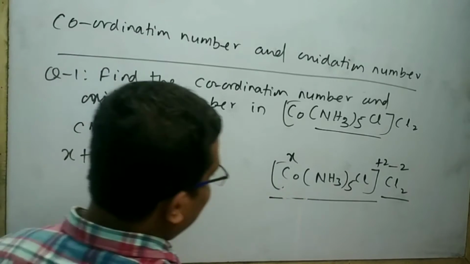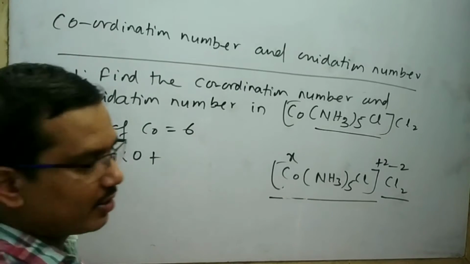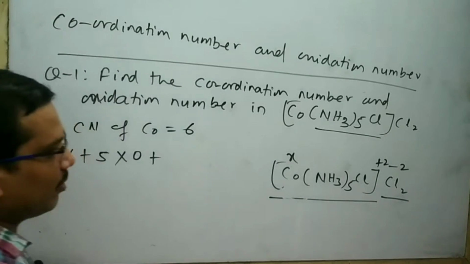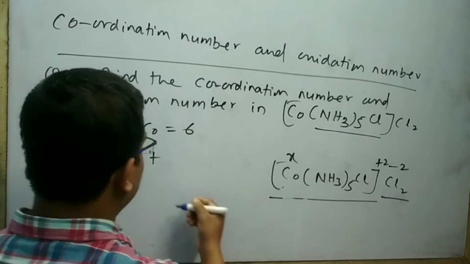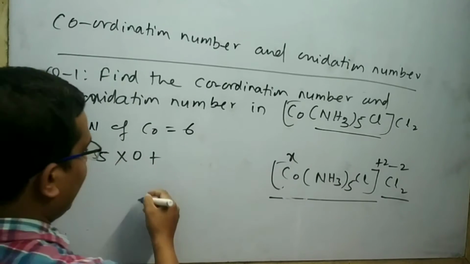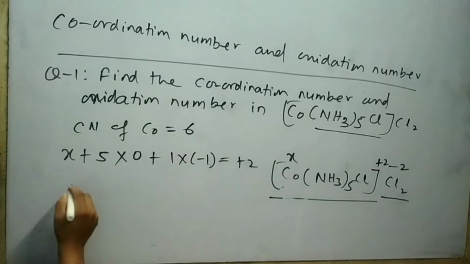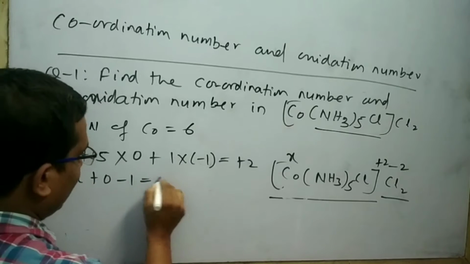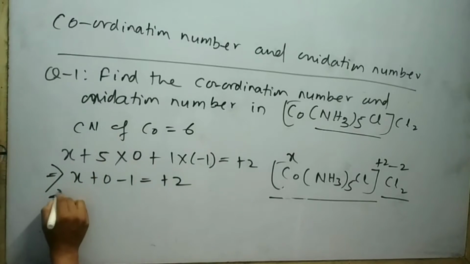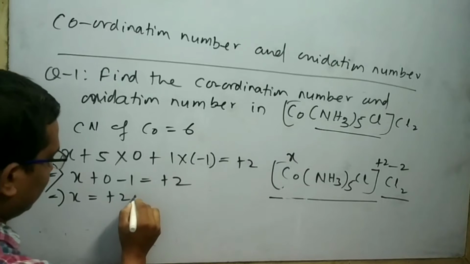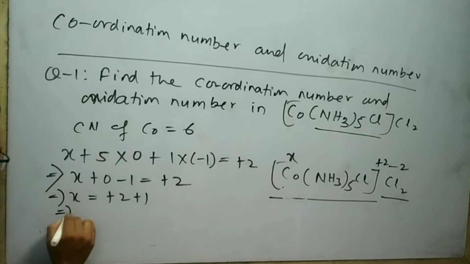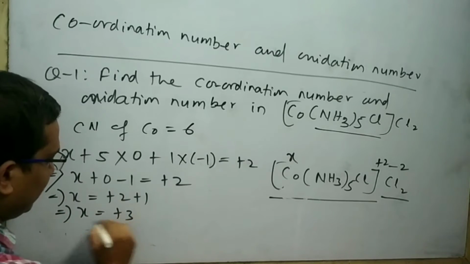Here chlorine is present in Cl minus form. So the oxidation number of chlorine here is minus 1. So here I can write 1 into minus 1 equal to plus 2. So X plus 0 minus 1 equals plus 2. This implies that X is equal to plus 2 plus 1, that is, X equals plus 3.